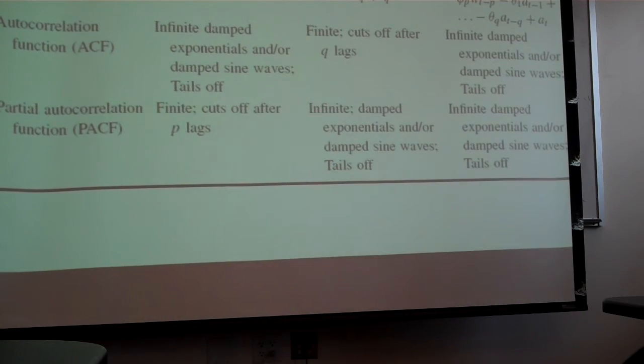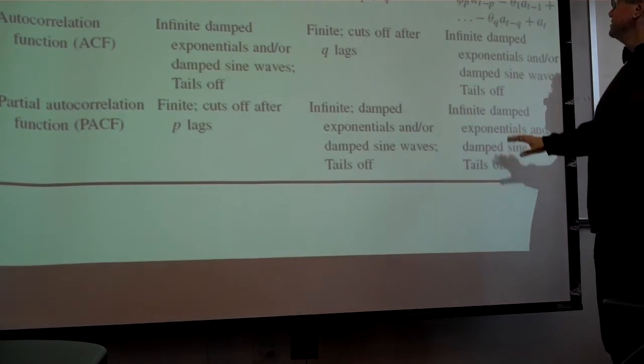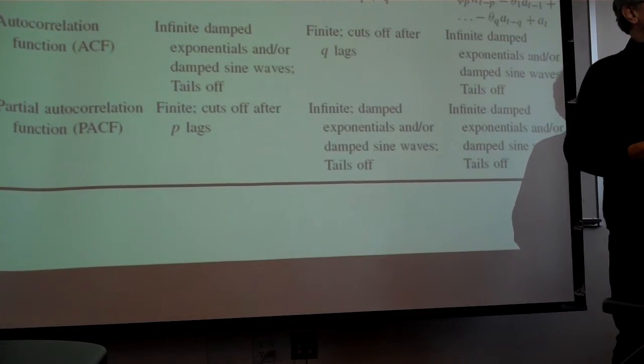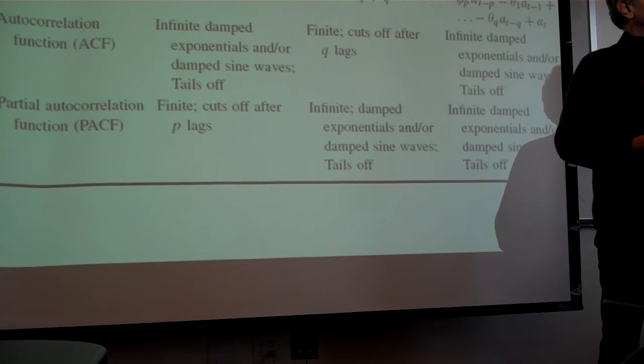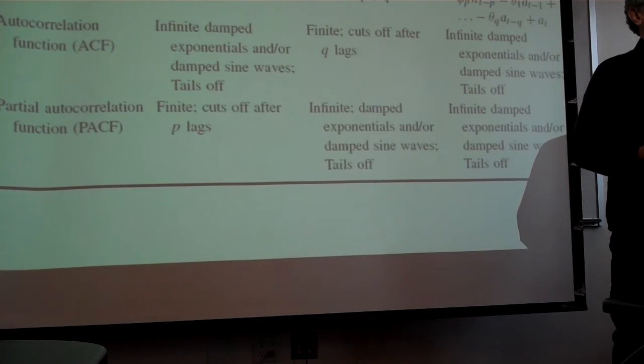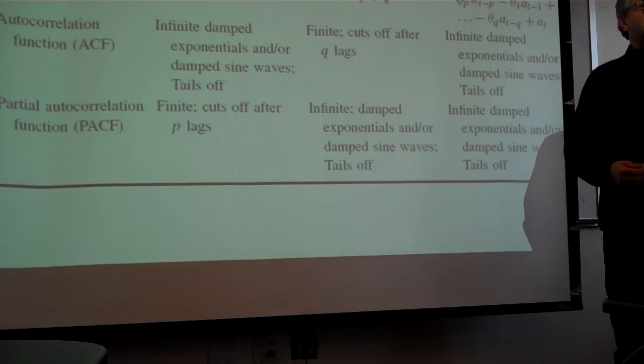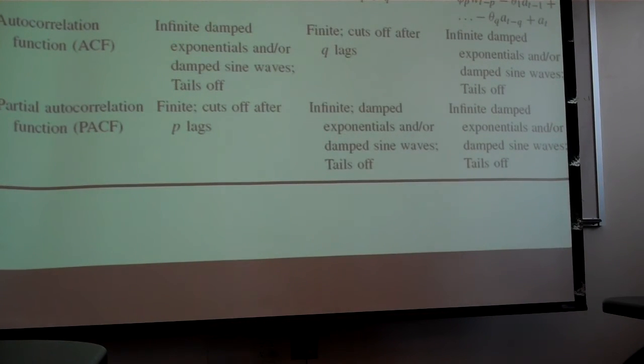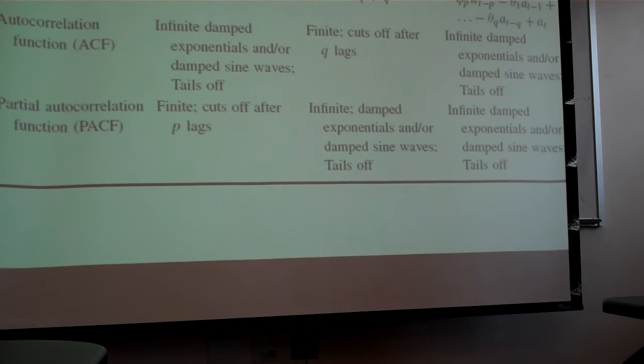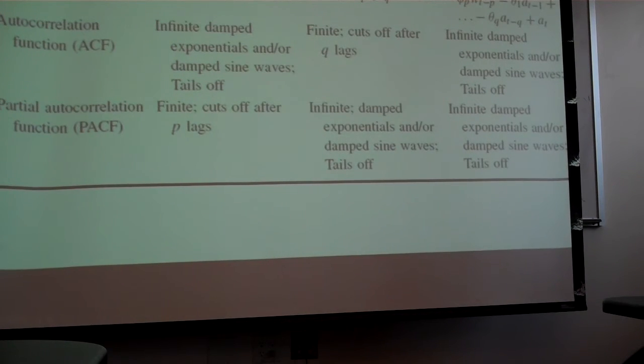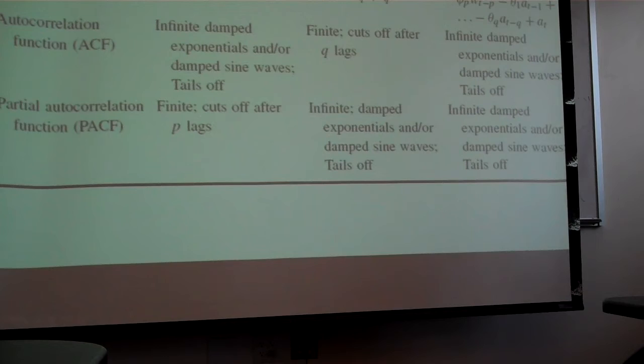And so choosing the p and q becomes a bit more challenging. What happens if we choose the wrong p or q, or more p than is exactly needed?